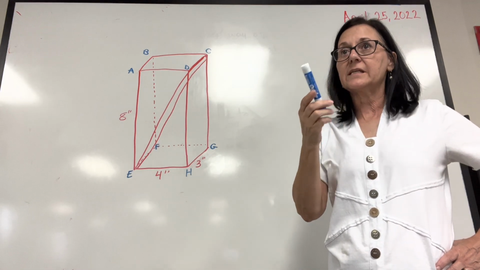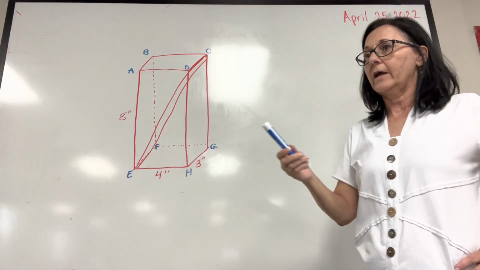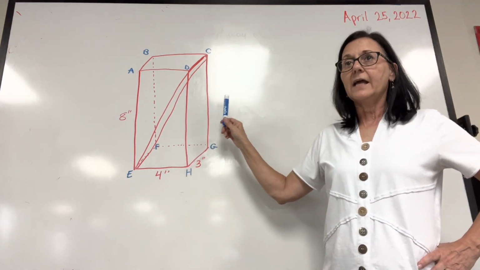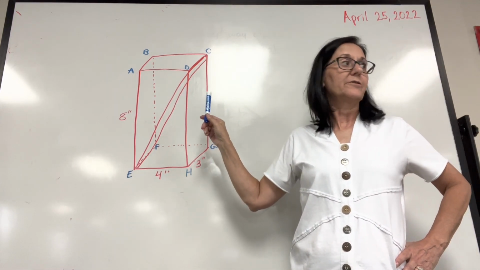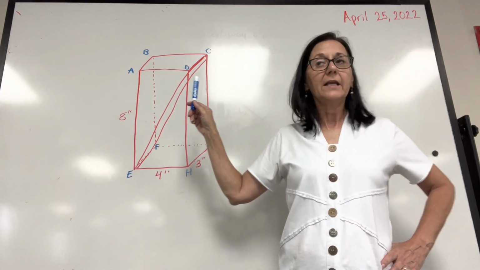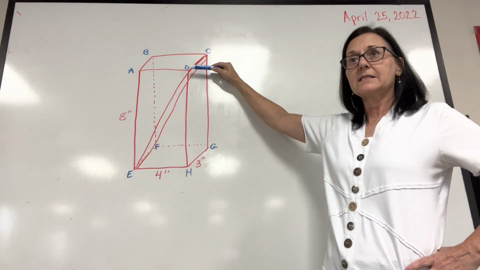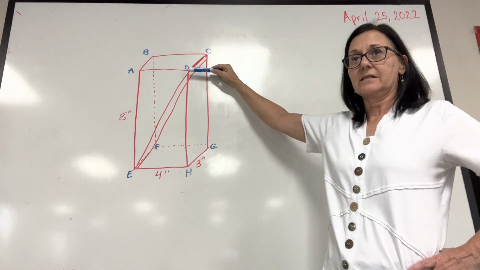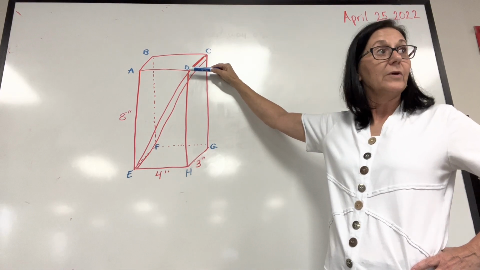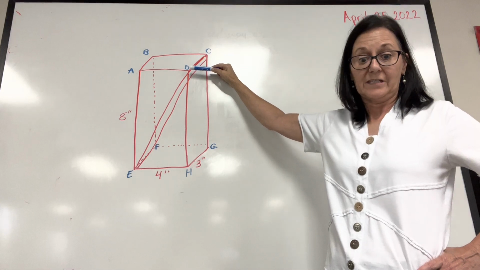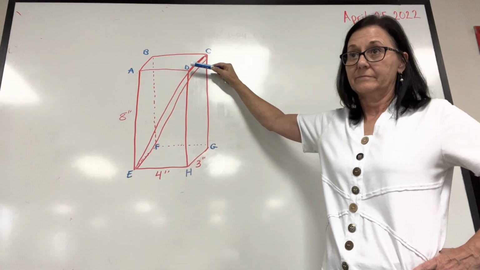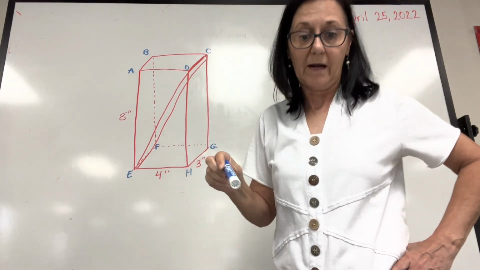The edges are where 2 planes intersect. In a rectangular solid, a vertex is like D. How many planes intersect at the vertex? 3 planes intersect at the vertex.